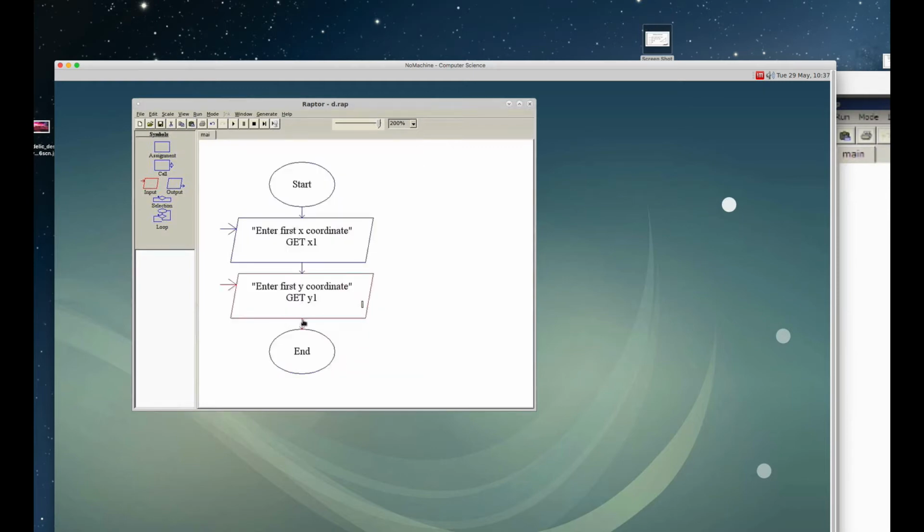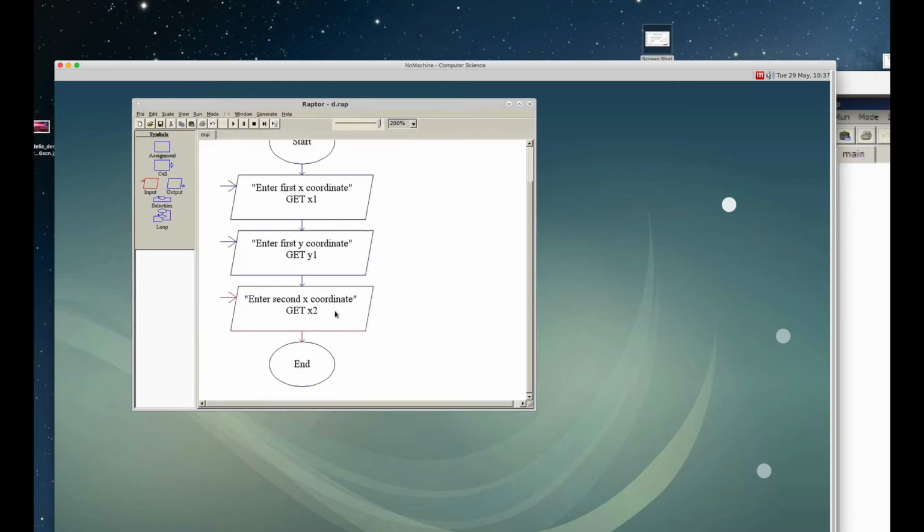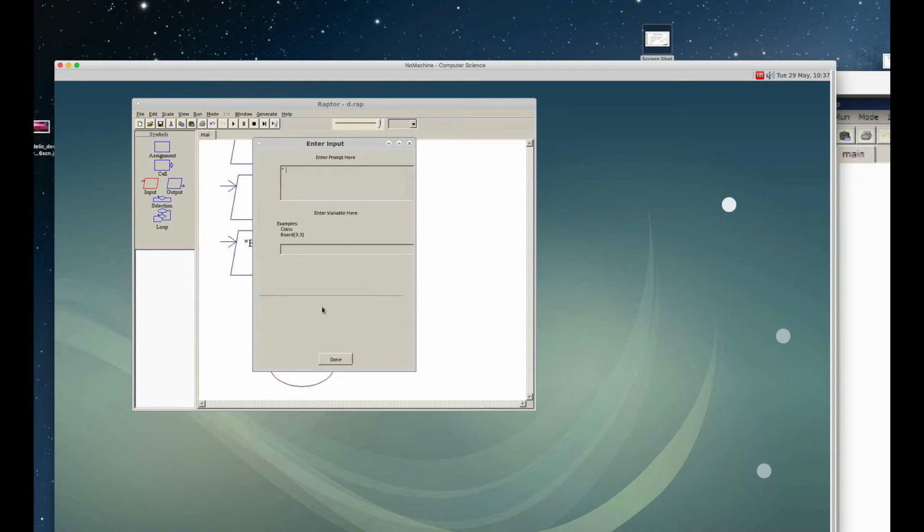And then we ask the user to enter the second x coordinate, and that's x2. And enter the second y coordinate. That's y2.